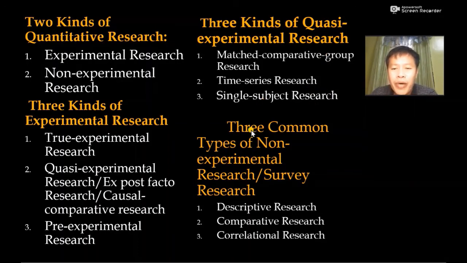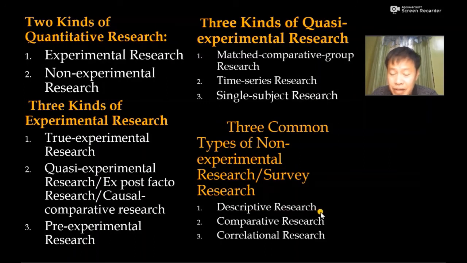And this time, we are going to talk about the three common types of non-experimental research, also known as survey research. And this is the research proposal you are going to submit to me, because if you have your experimental research, reserve it for your research capstone.